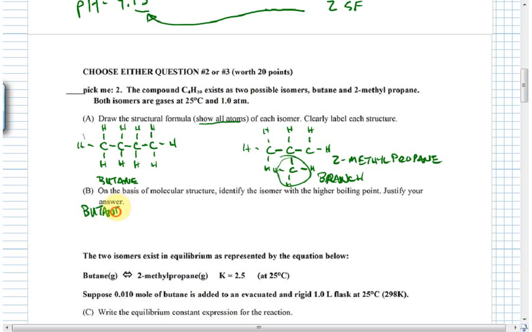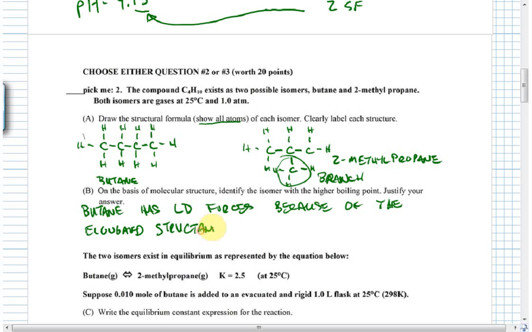The butane has stronger London dispersion force, LD force, because of the elongated structure, the more chain-like structure of butane. The methylpropane is less elongated, more ball-like. Therefore, the methylpropane molecules cannot get as close to each other.